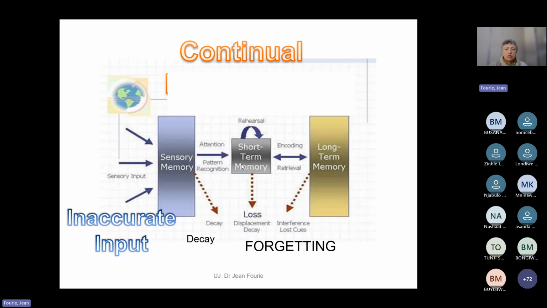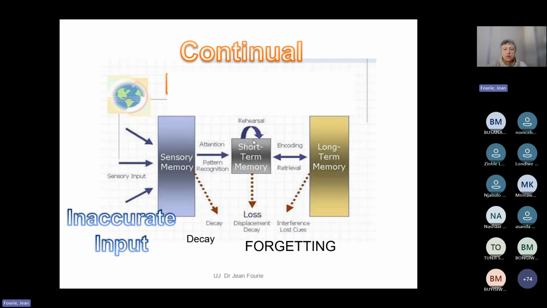Then when we are moving information into our short-term memory, this is dependent on our ability to attend to and concentrate on the particular information that is coming in, how we recognize this information, what it means to us, and at that stage there can be loss as well. So there's decay. The scientific term for loss of information from sensory memory is decay. And not all the information going into our senses goes into our short-term memory.